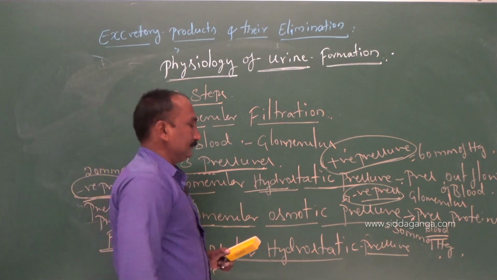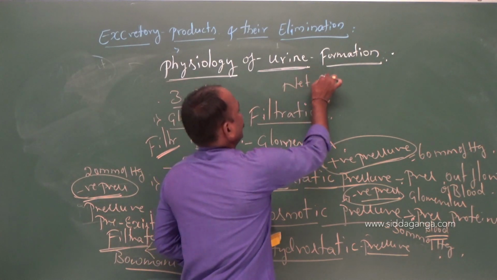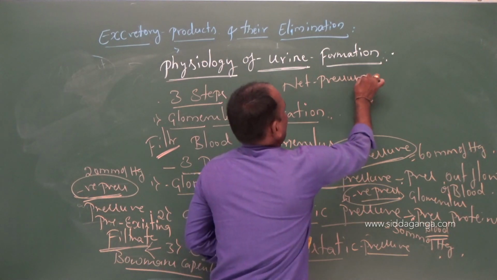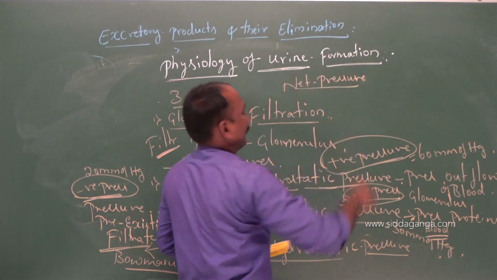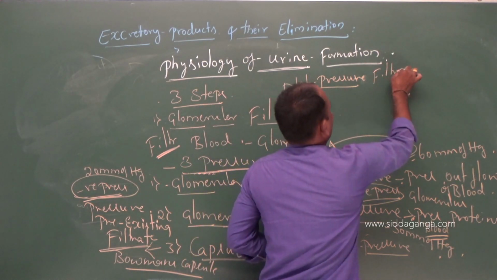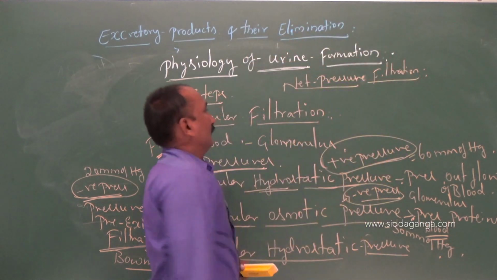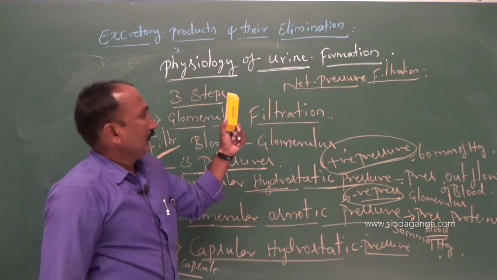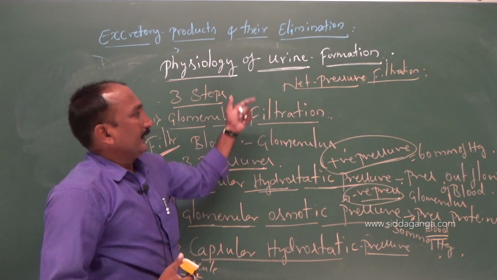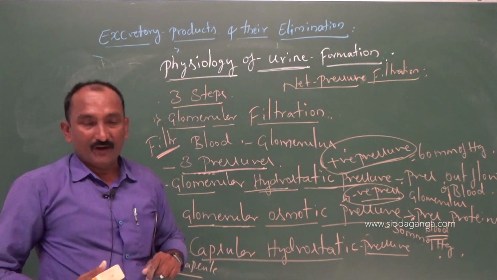So what is the net pressure? What is the net pressure for filtration? The question may arise, what is the net pressure for the filtration of blood in the glomerulus?